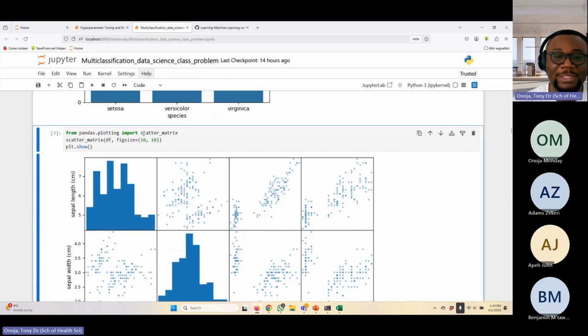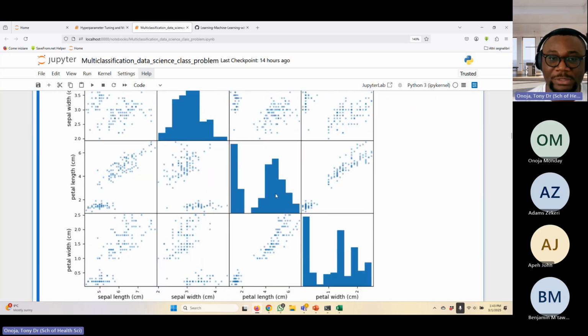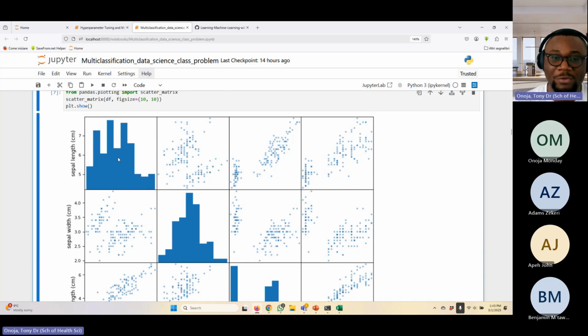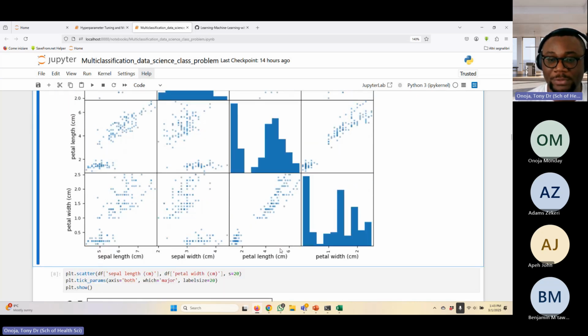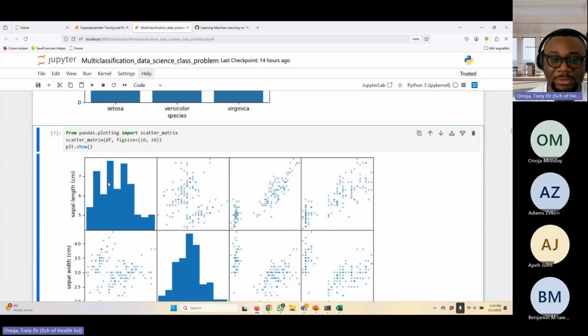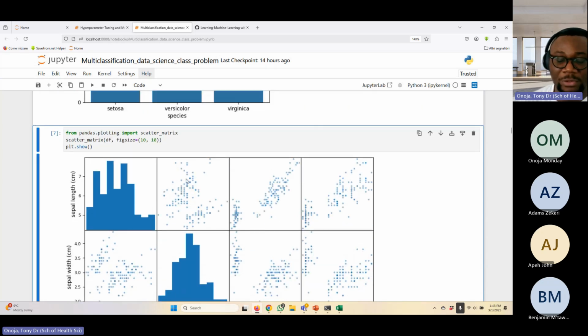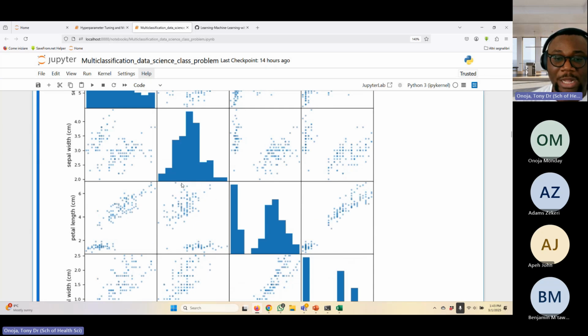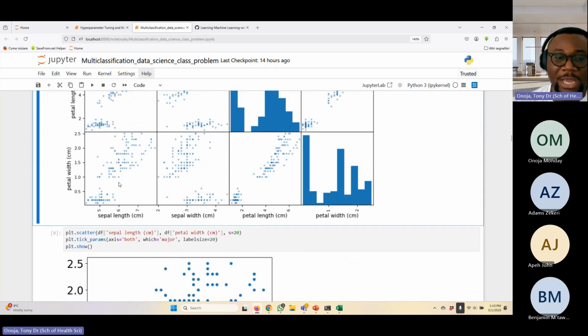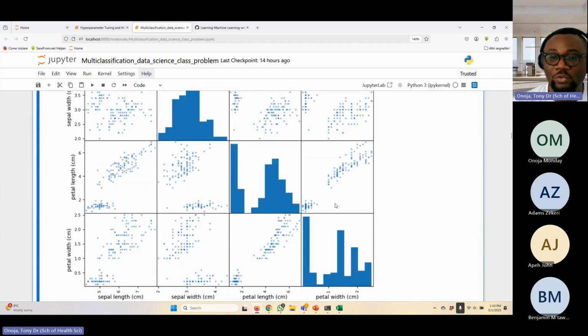This scatter matrix is a very good way to have a preview of your dataset, especially when you have continuous variables. You can easily plot them using scatter plots or histograms to see the direction of the data points or how the distribution goes. However, if you have a lot of features, this is not a good option because it will be so large.